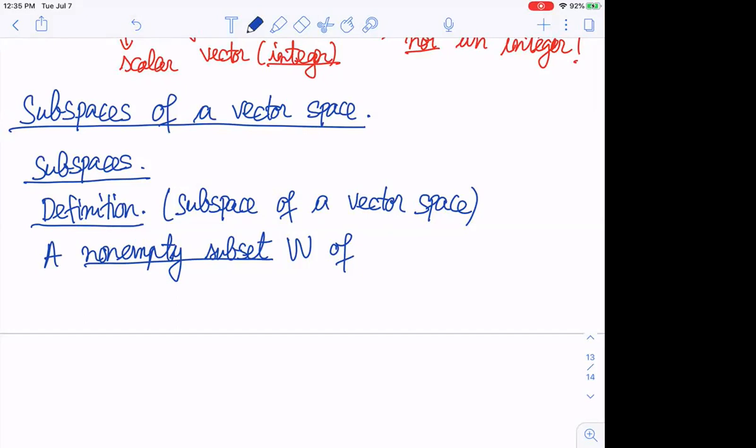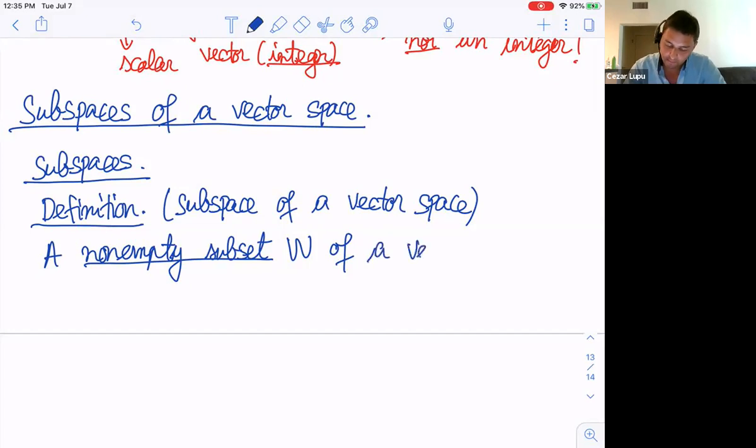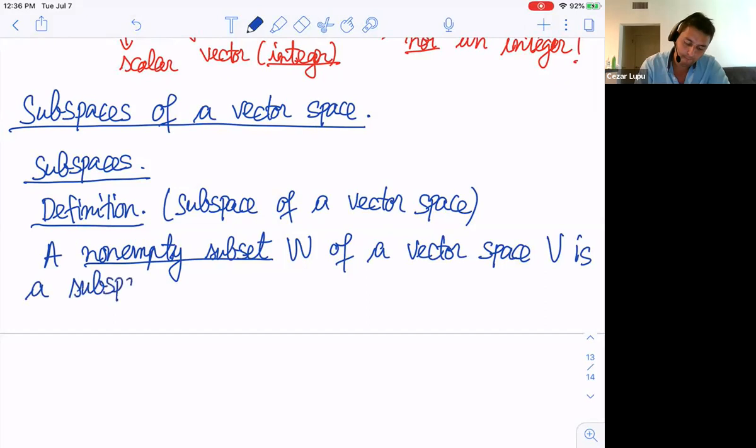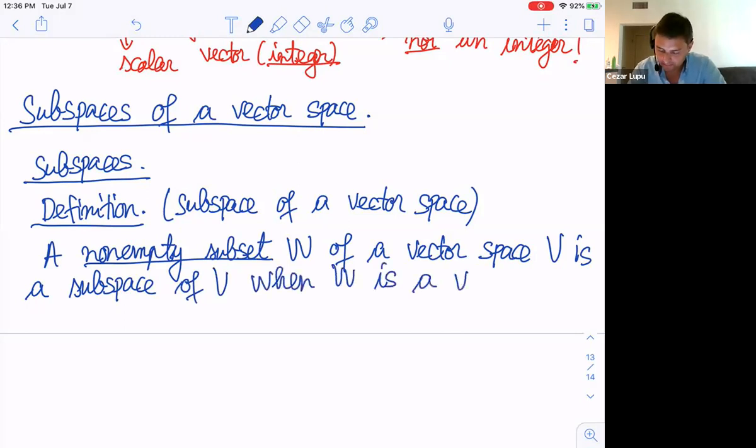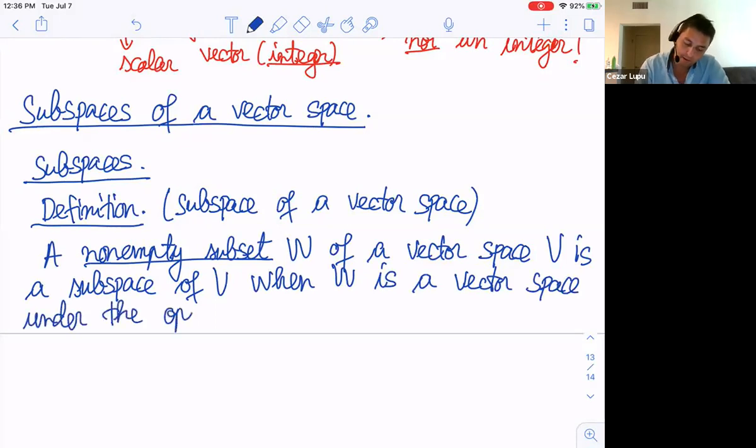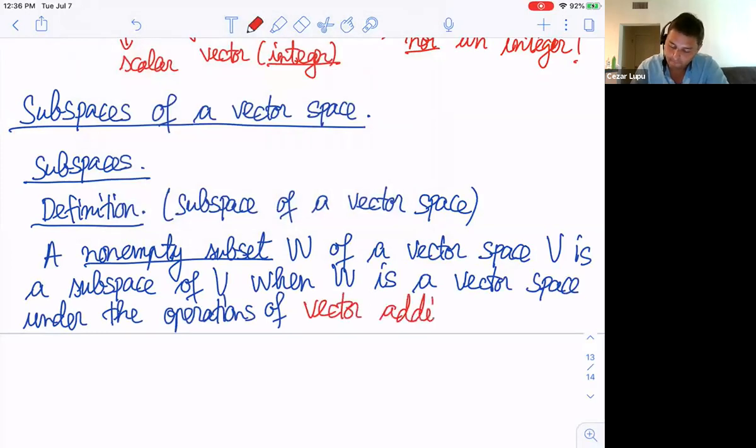So a non-empty subset W of a vector space V is a subspace of V when W is a vector space under the operations of vector addition and scalar multiplication.